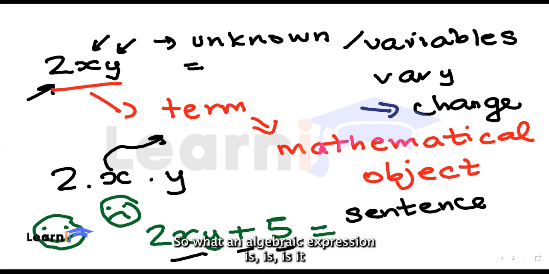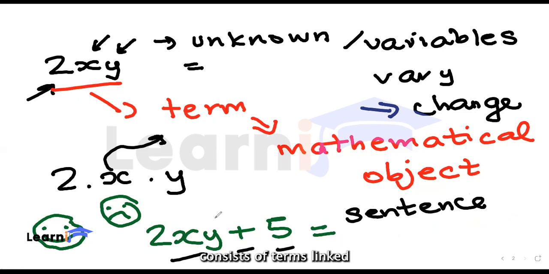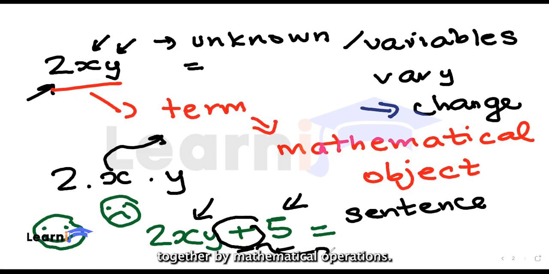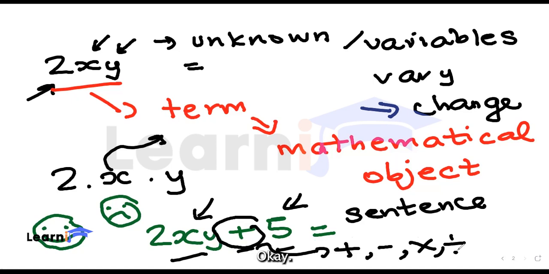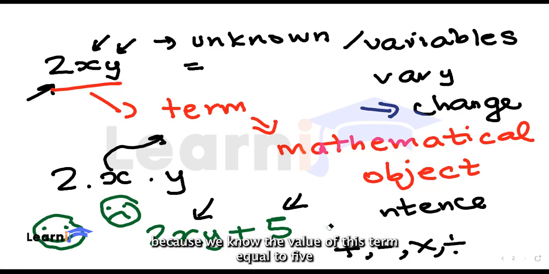So an algebraic expression consists of terms linked together by mathematical operations. And you know these operations, we just went through them: sum, difference, product, quotient. And here we refer to the 5 as our constant term, because we know the value of this term is equal to 5.